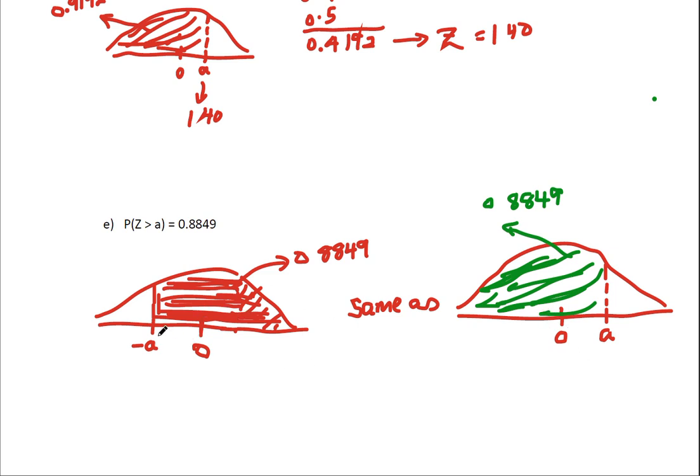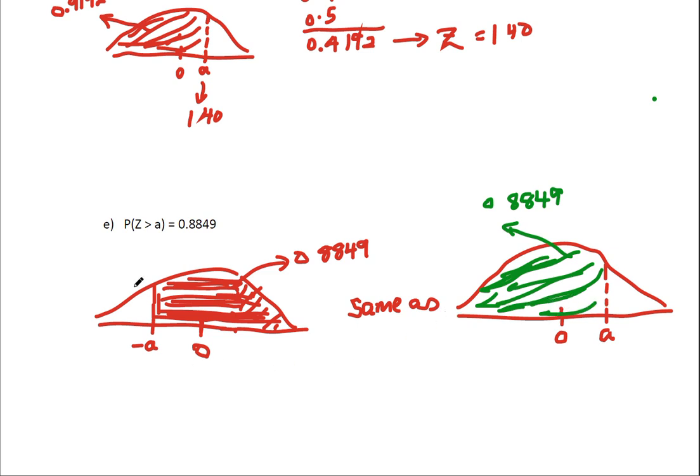Once you get a negative value, just flip it to the other side of the curve and take the corresponding area to the left of the positive value.